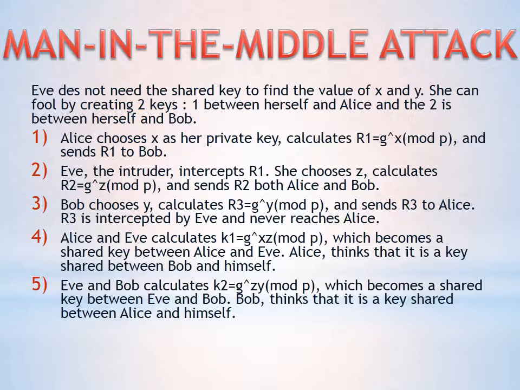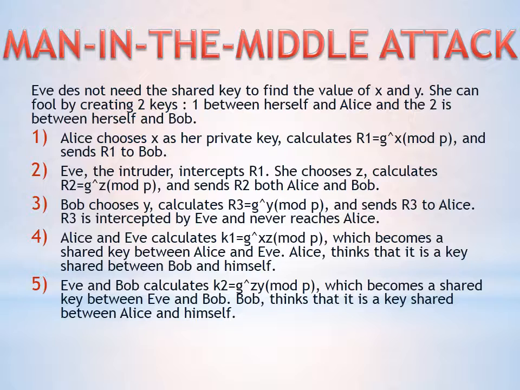But what will Elias think? Elias will think that this is a shared secret key between Bob and herself, but actually it is a shared secret key between Elias and Eve, and not between Elias and Bob.